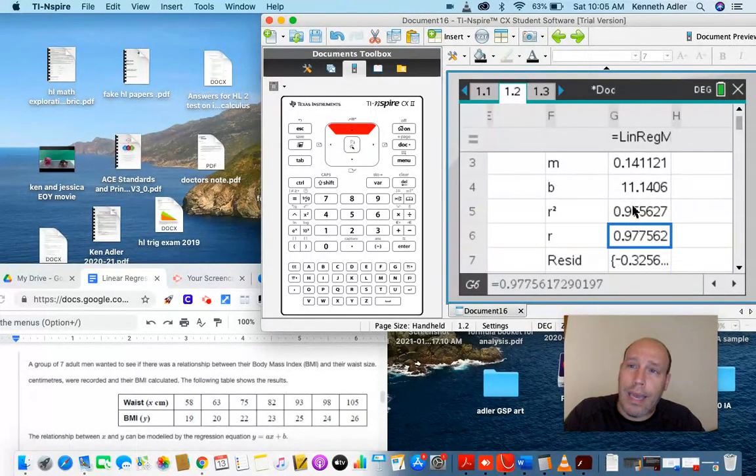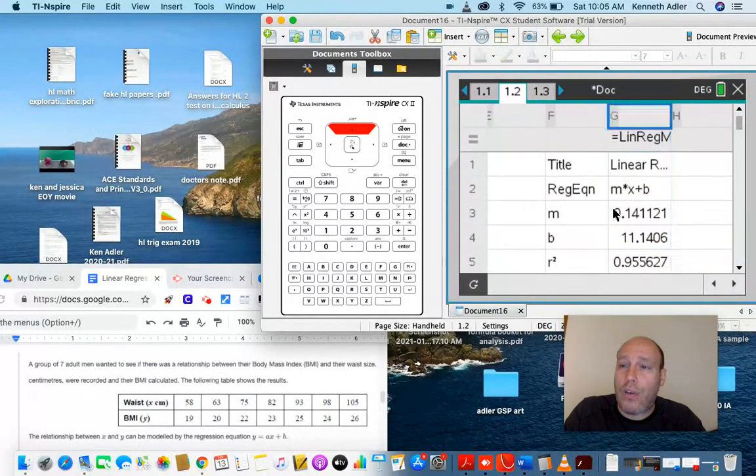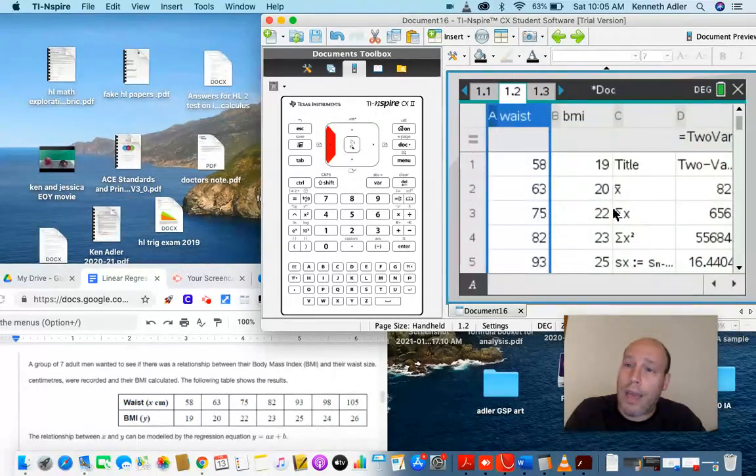The last thing is we actually created this function, and we can figure out values. What you might be asked is, if this is the relationship between the data, what about a guy who has a waist of 70 centimeters?